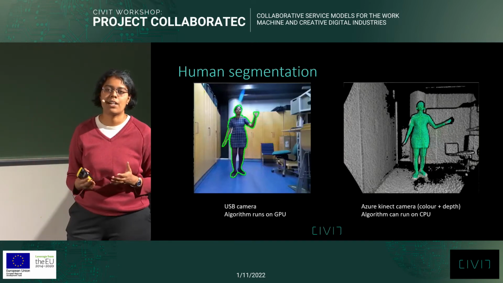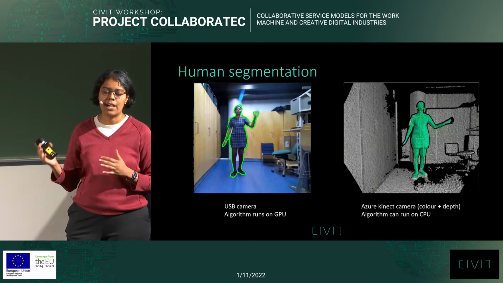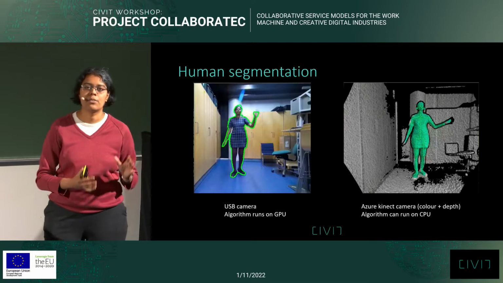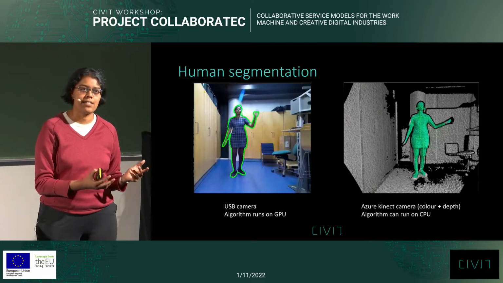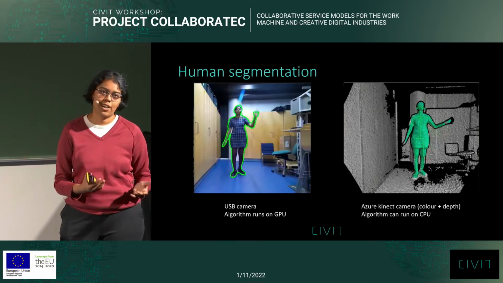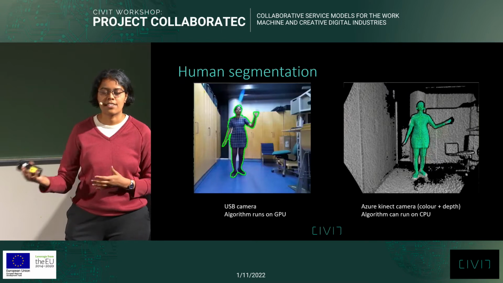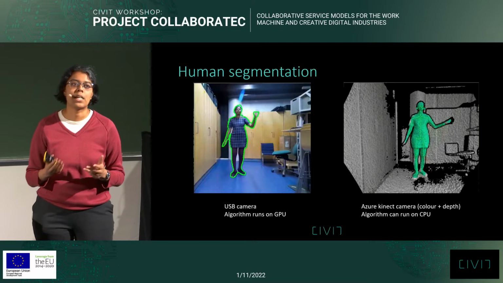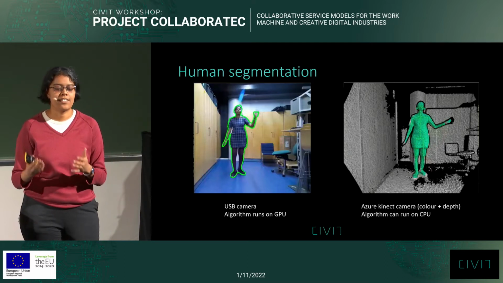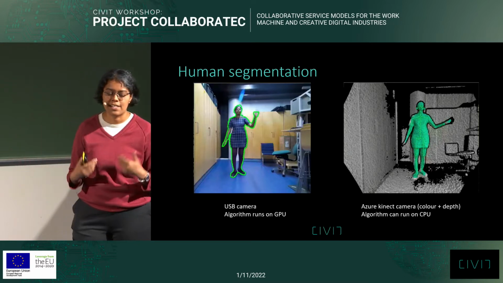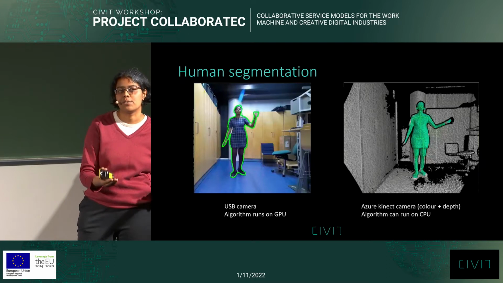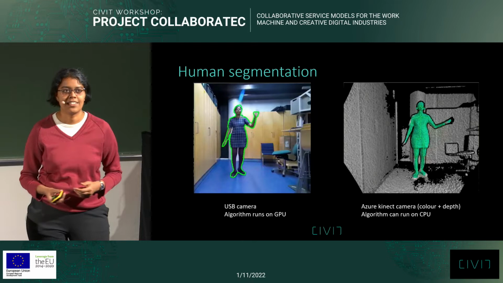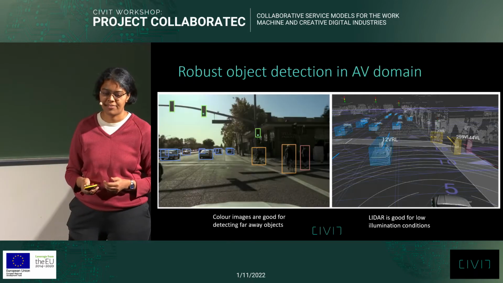In the demo, we're comparing using just a color camera versus combining color cameras with depth sensors. Is there any advantage to that, or does the combination have any problems? You can come to the demo and test the algorithm yourself: is it able to segment properly if we just use color cameras, or does it segment well if we use the combination? You're welcome to try out this demo.